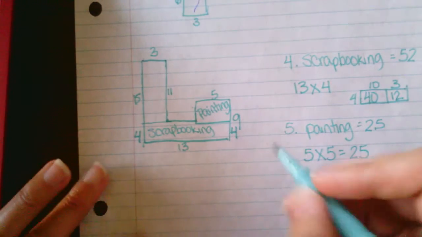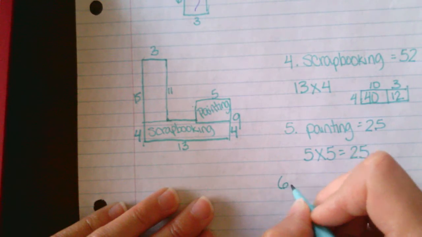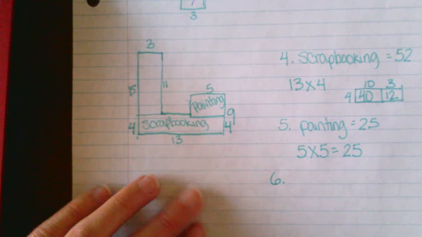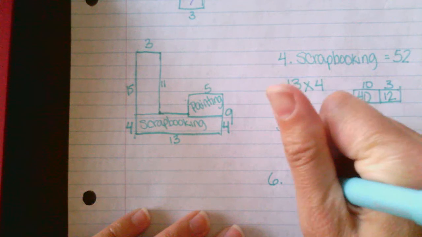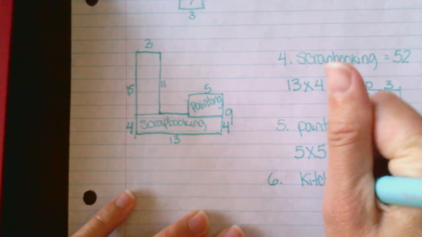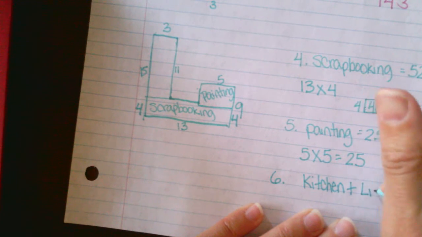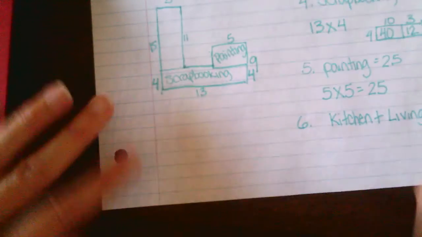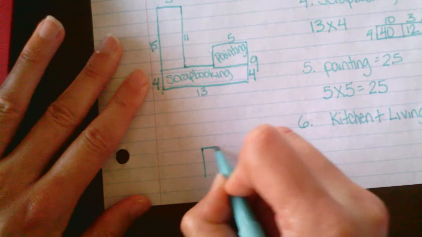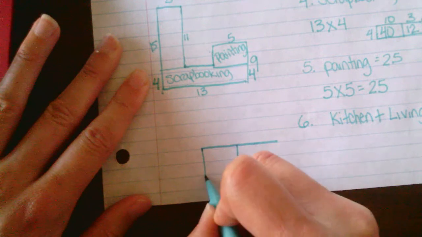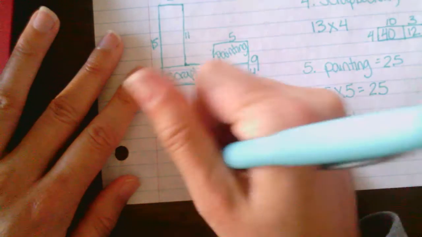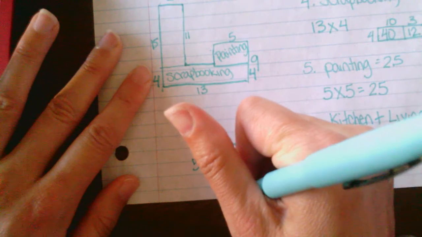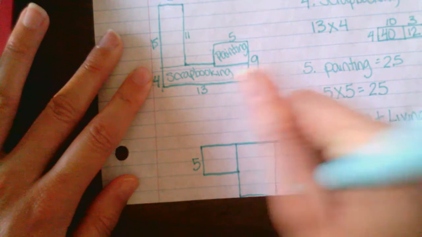For number 6, they want us to come up with how we could combine our rectangles. So I might combine my kitchen plus my living room. So I'm going to draw my kitchen plus my living room. So my kitchen's going to be a square, and my living room's a little bit bigger than that.